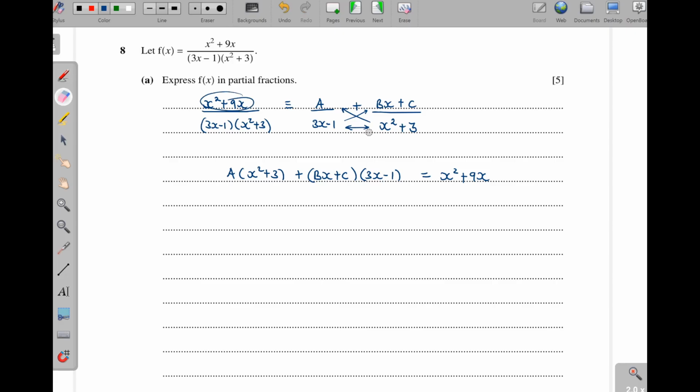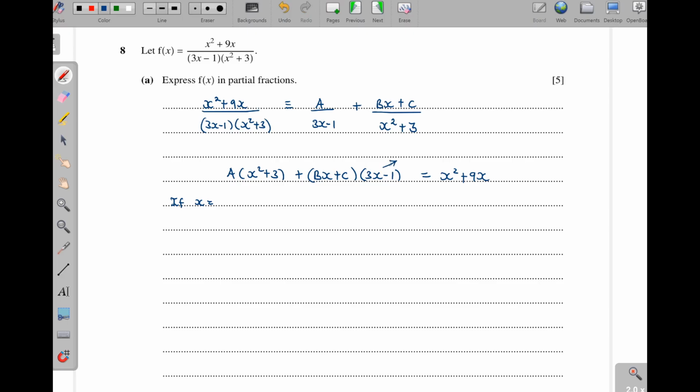Okay, then the next thing we do, we are supposed to find the values of a, b, and c. So how do we do that? We can get values of x that can terminate some of the terms here, and then we get those that are remaining. For example, let's say x is equal to, from here I can equate this to 0.